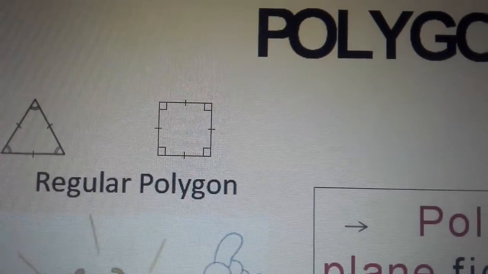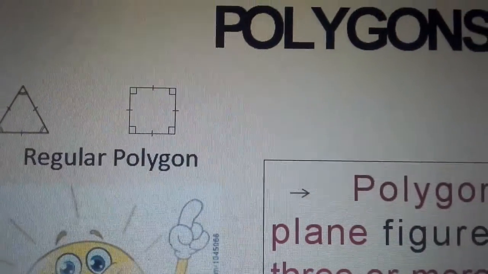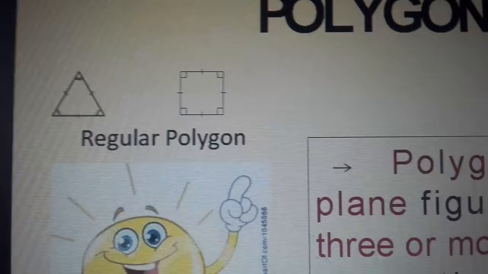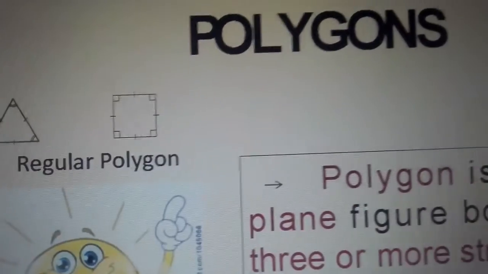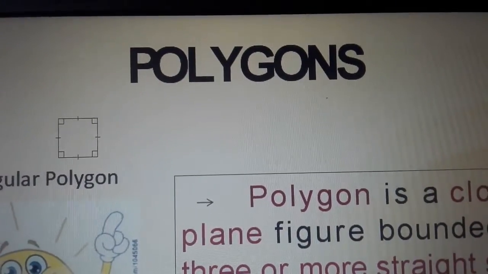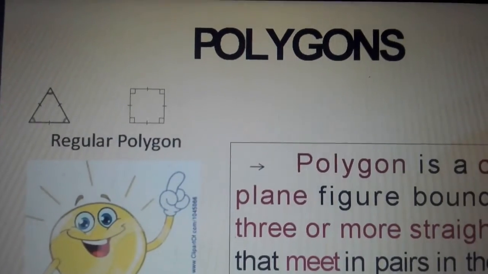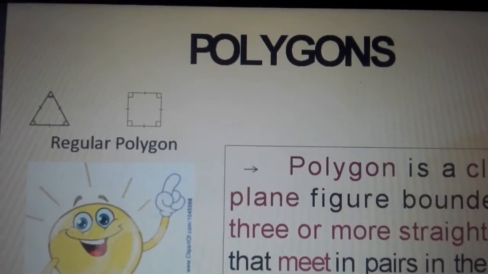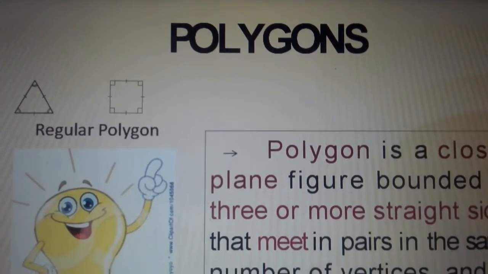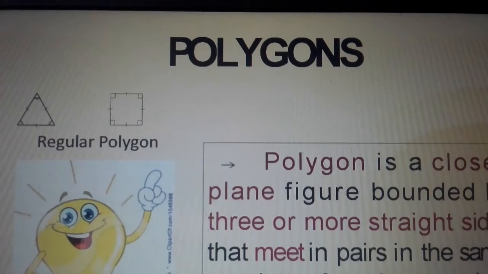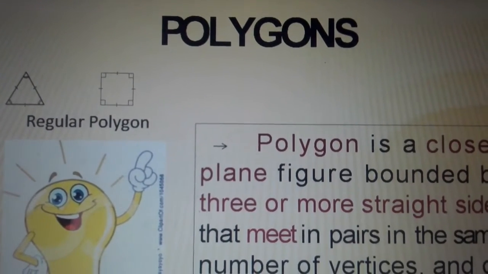If the sides and angles are equal, they are called regular polygons. What do you mean by a regular polygon? If the polygon has equal sides and equal angles, it is called a regular polygon.